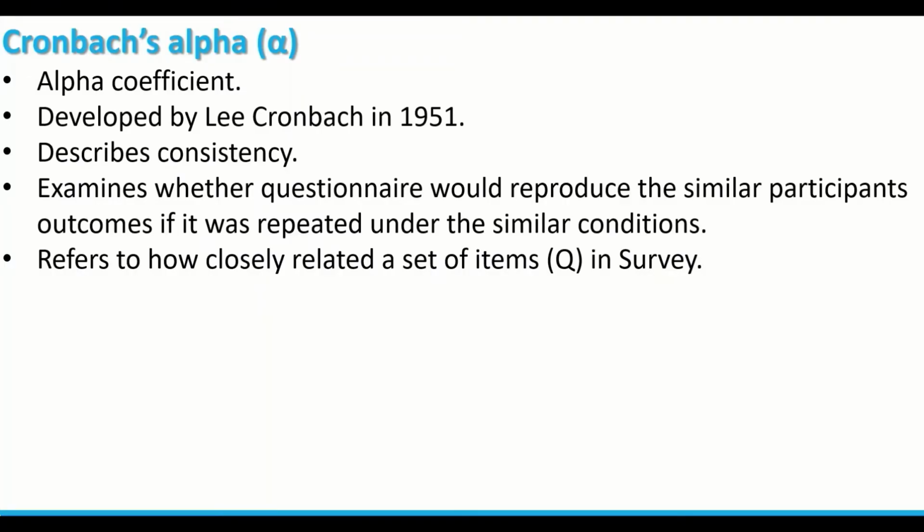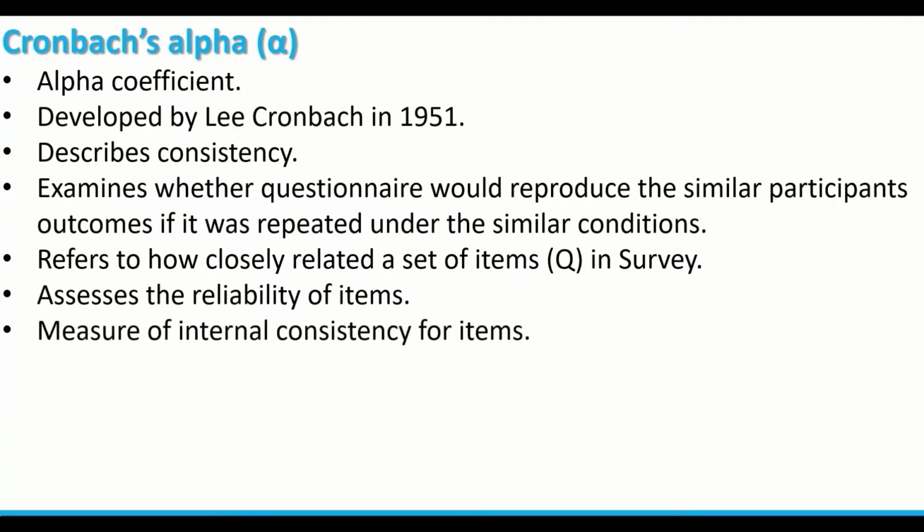The alpha refers to how closely related a set of items or questions in a survey are. It assesses the reliability of items, and it measures the internal consistency of items.